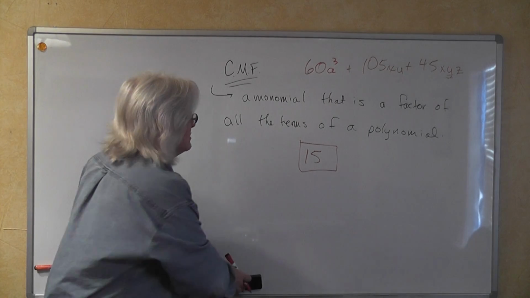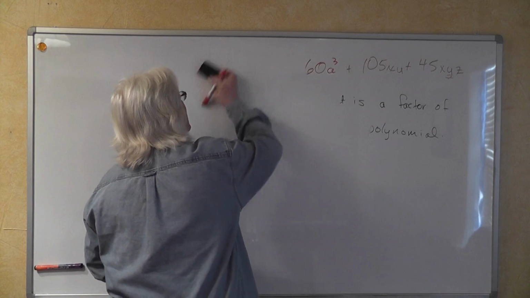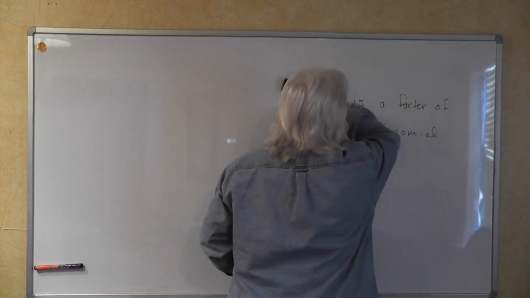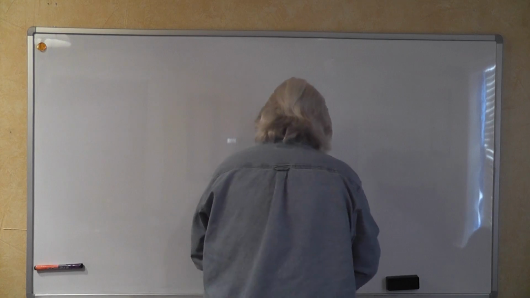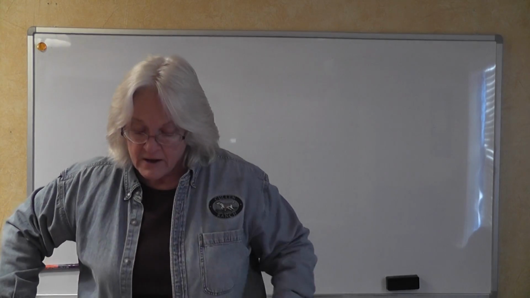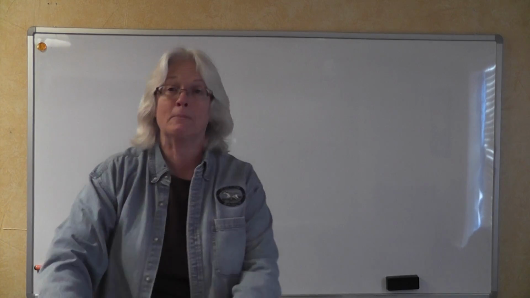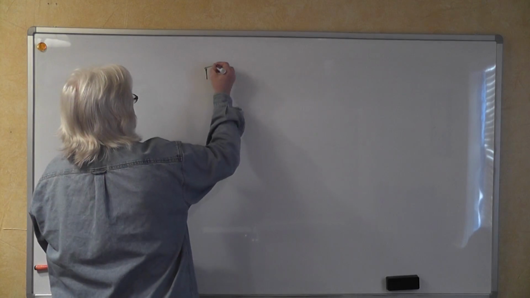All right? So now with that background, let's go ahead and look in your text and see the examples that they show us. Let's see. This says example 1, factor 8x squared minus 16. This is example 1.